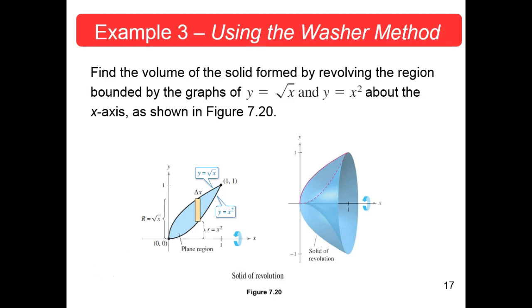All right, so here's the setup. We've just been over it. So how would you go about finding that volume? You tell me. I'll put the V. V is equal to pi. Good start. The integral from 0 to 1.